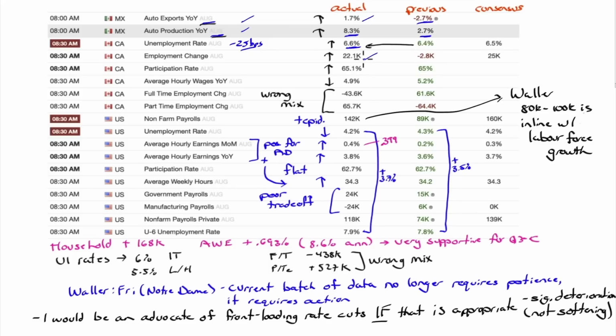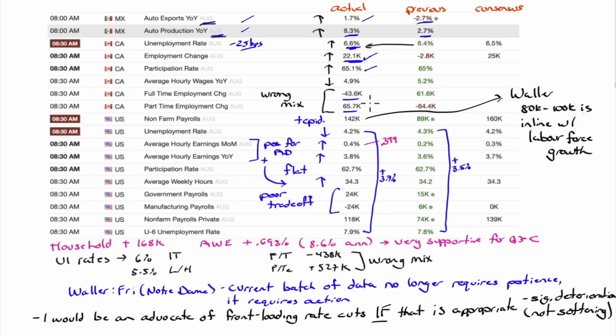Employment change up 22. You would think, but listen, you got 22.1. Maybe your unemployment rate increased because your participation rate increased because we do have a fairly high level of immigration. Maybe that's the case. But when you look under the surface of the 22.1, full-time, negative 43, part-time, plus 65, that is the wrong mix.